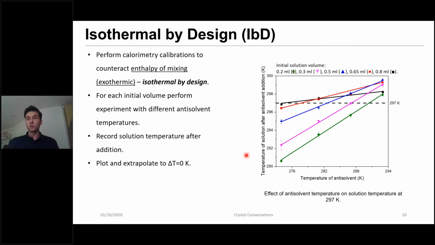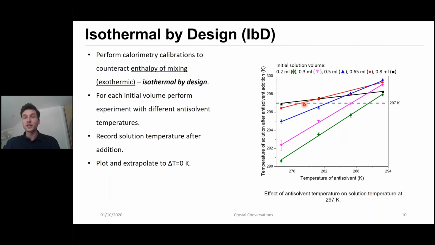And as you can see, we get data like we see here. In this figure, we have solutions that are held at 297 Kelvin, so 24 degrees Celsius, and each color represents a different initial solution volume. All I did was select different initial anti-solvent temperatures, then add my anti-solvent in and record the temperatures.